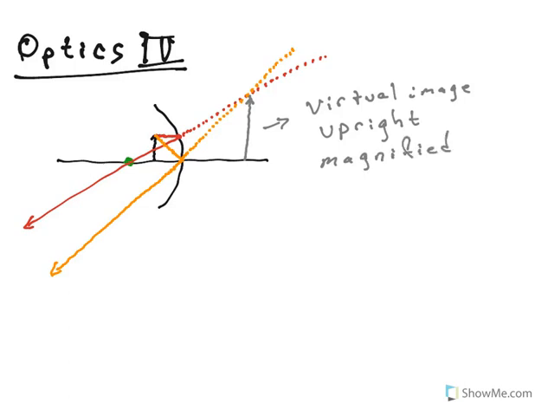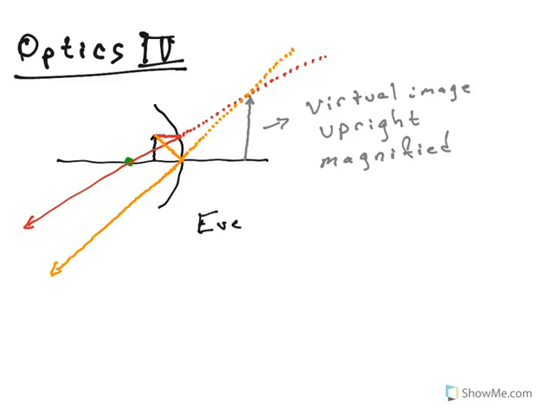And so here we have an important thing to note, which is even though we may call a concave mirror converging, that doesn't mean the light rays always converge. Here is a big thing to remember.